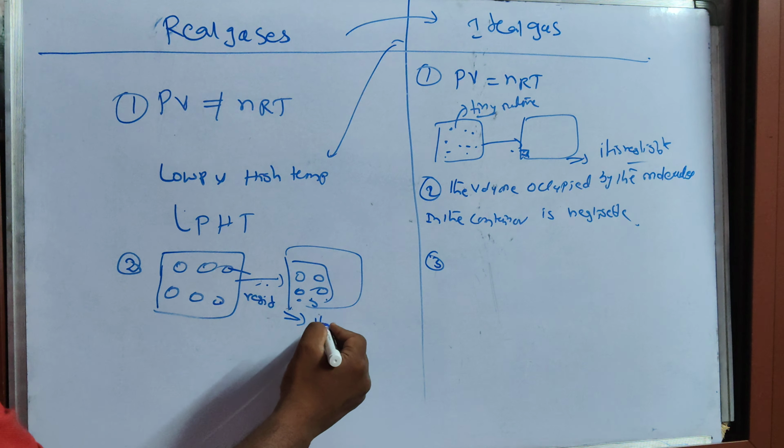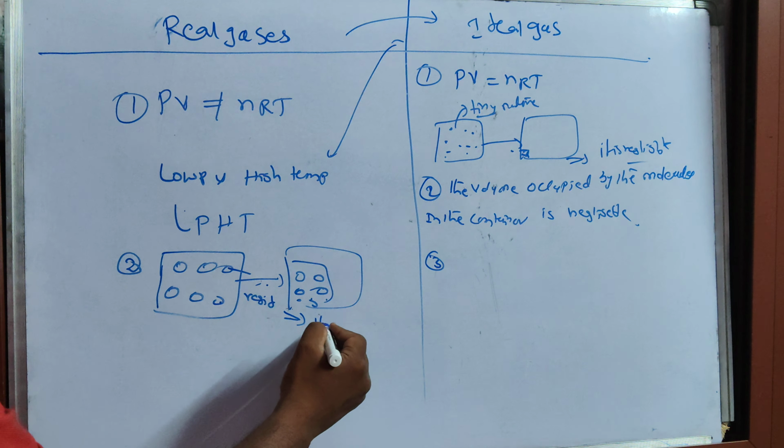Ideal gas follows PV equal to nRT at all temperatures and pressures. But real gas does not follow PV equal to nRT; it follows ideal gas behavior only at low pressure and high temperature.